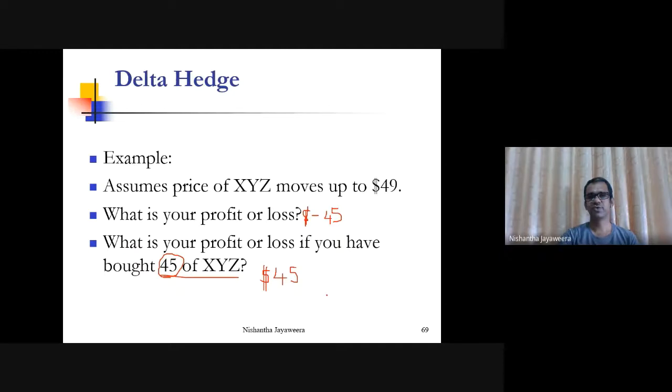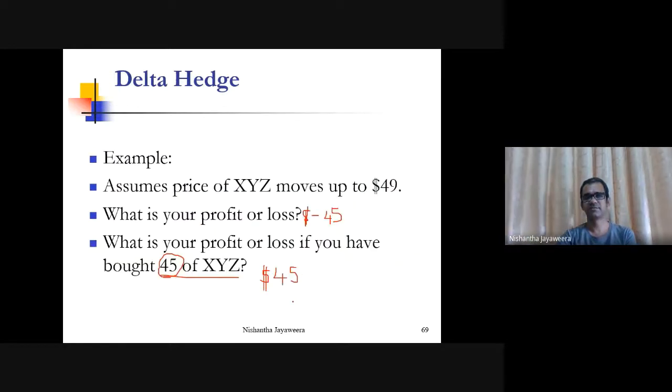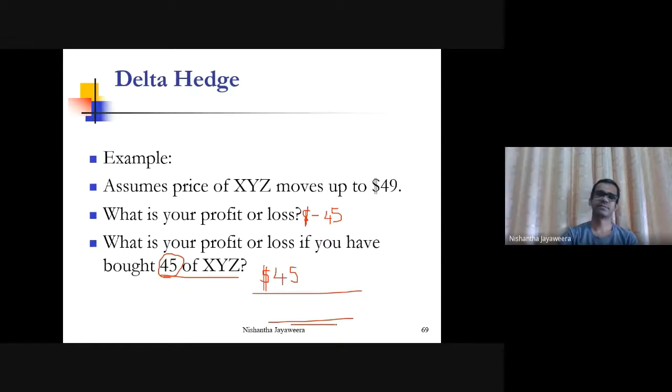So now assume you had that. You sold 100 options and you bought 45 underlying asset. What is your net gain or loss? You had both positions.